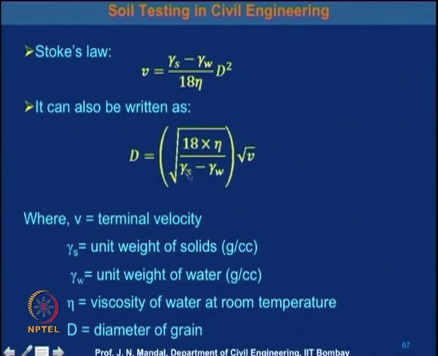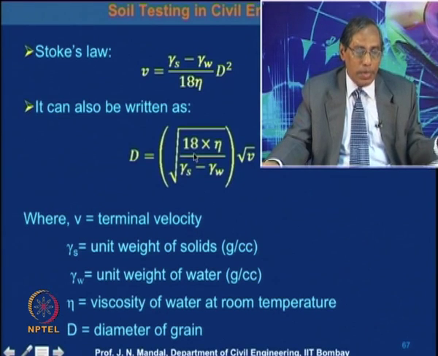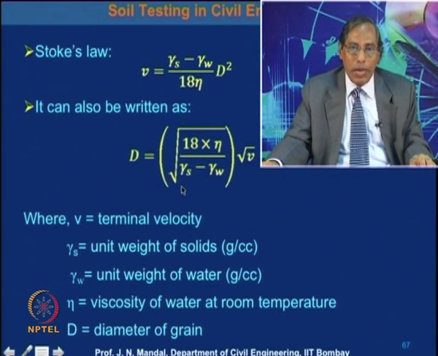Stokes Law: the terminal velocity v is equal to (gamma s minus gamma w) divided by 18 into eta, the viscosity of water at room temperature, into d square. This can also be written as d is equal to the square root of 18 eta v divided by (gamma s minus gamma w).